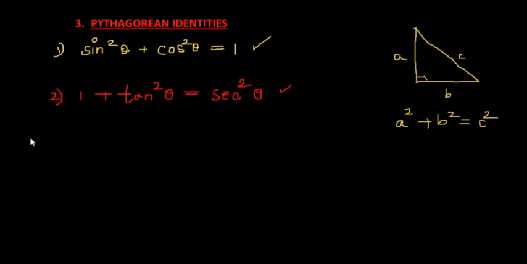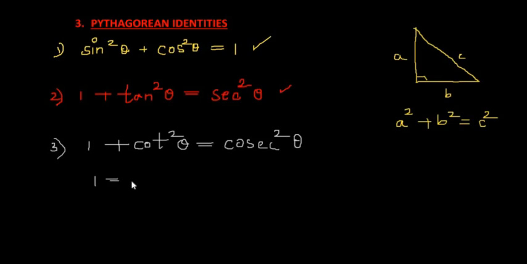Now let me write down the final Pythagorean identity, that is 1 plus cot square theta is equal to cosec square theta. So here again you can rearrange it as 1 equal to cosec square theta minus cot square theta, taking the plus cot square theta on this side.